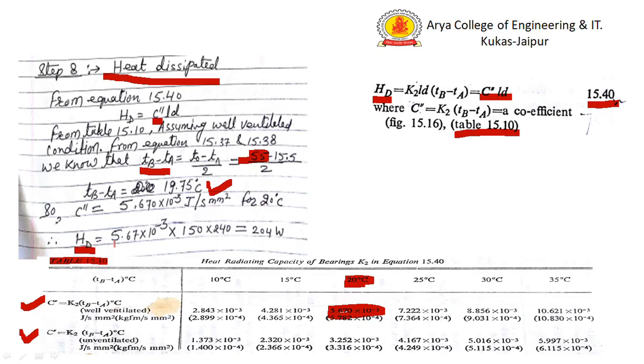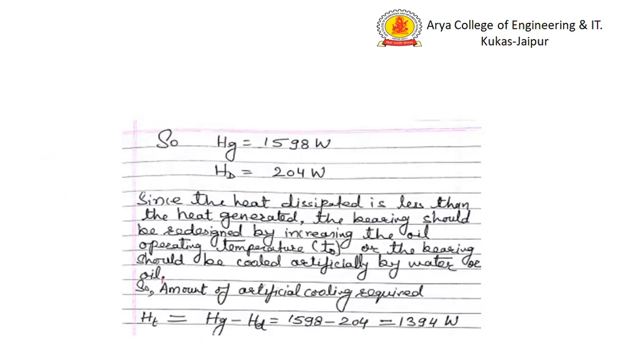So HD comes to 5.67 times 10 raised to minus 3 times C double dash, times the diameter of the bearing D and the length L. So it comes to 204 watt. So the heat dissipation is 204 watt and the heat generated is 1598 watt.